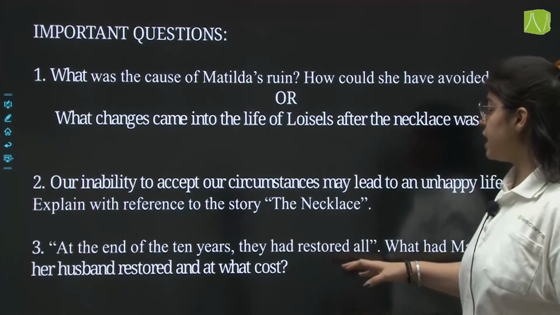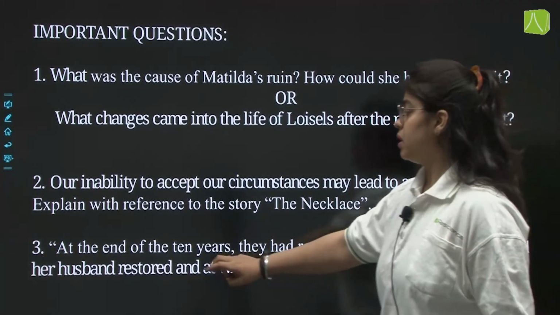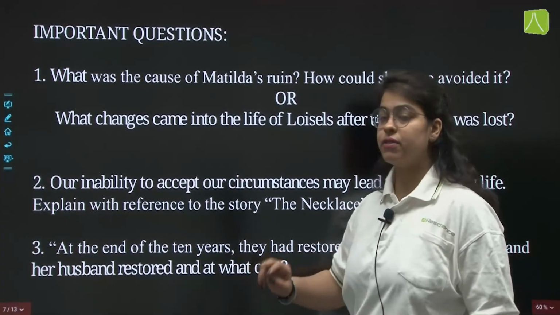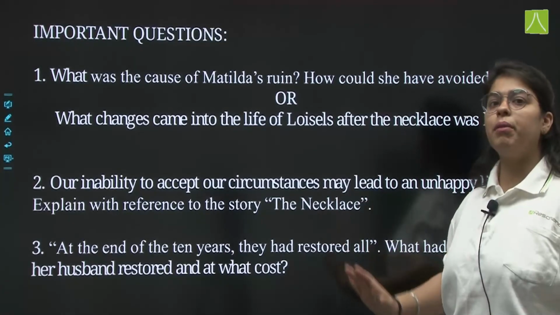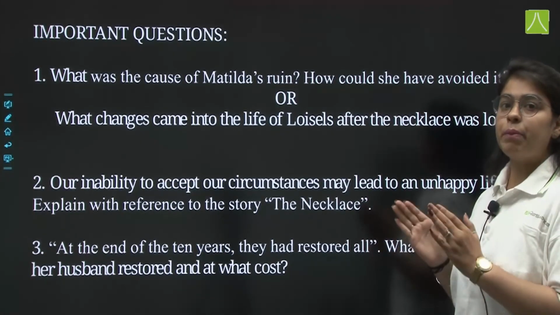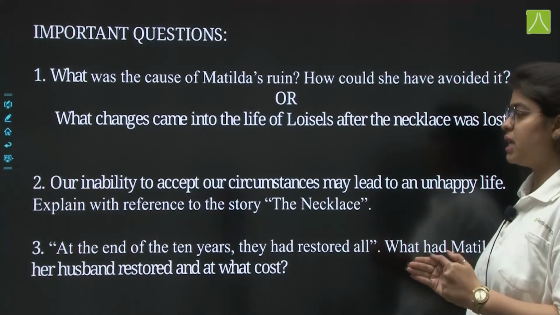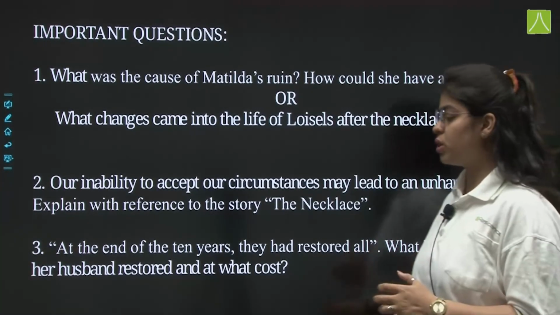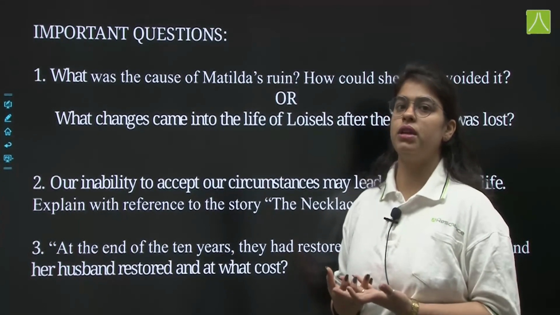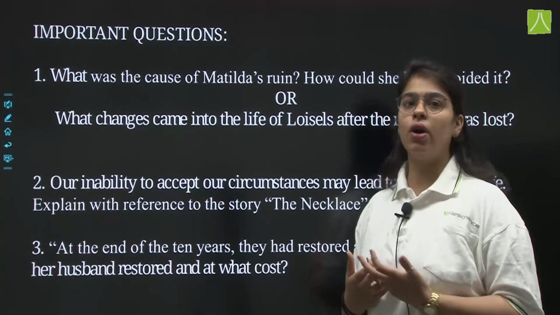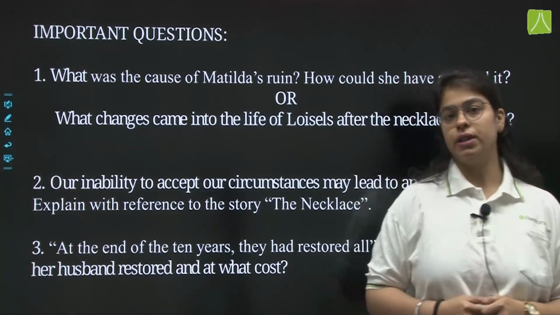Then you will tell them what was restored after the life she lived for 10 years, all the amount that Mr. and Madame Loisel had paid. It took them 10 years to repay just 18,000 francs, because 18,000 were already available to them from his father.